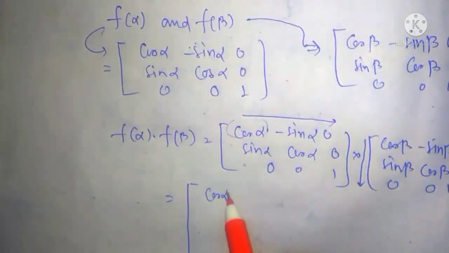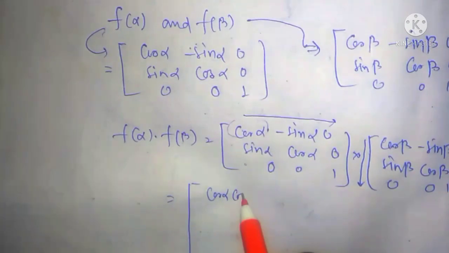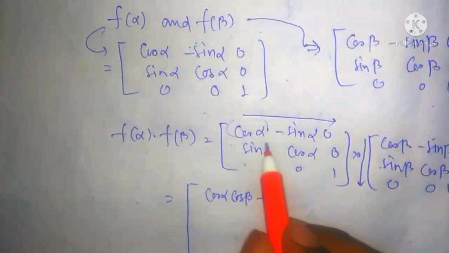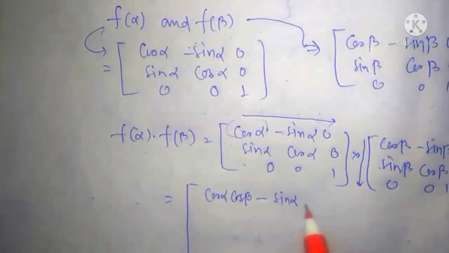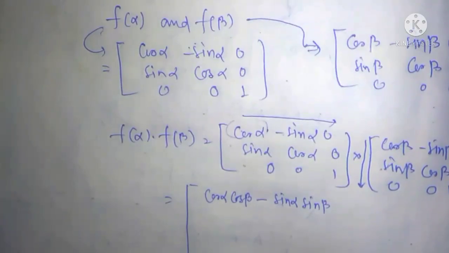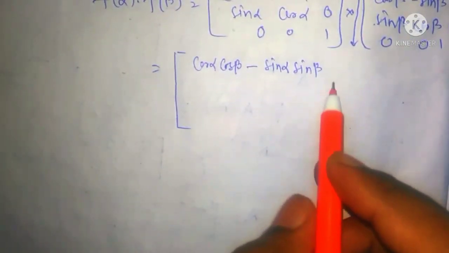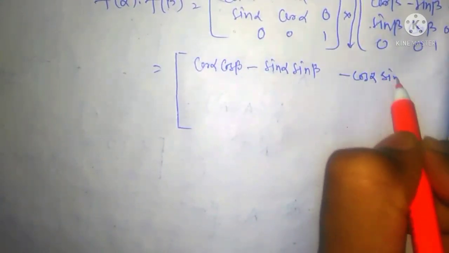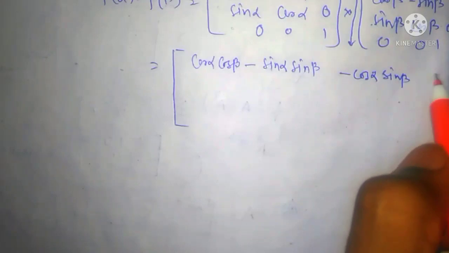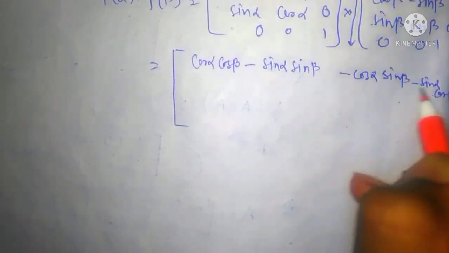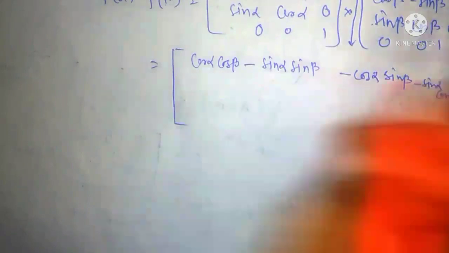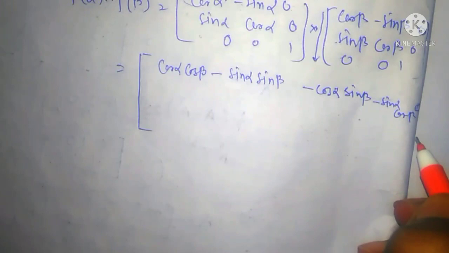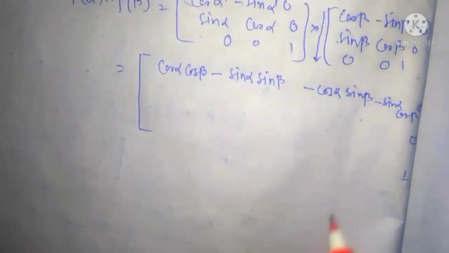So cos alpha cos beta, then minus sin alpha sin beta, and then minus cos alpha sin beta minus sin alpha cos beta, and then the third is 0, and the last also 0, and the last is 1.